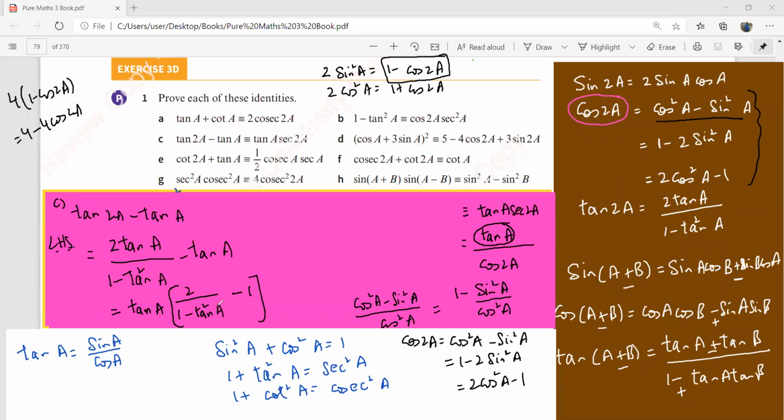Since this 1 minus tan square is down in the denominator, when I write it here, this becomes tan A into, this will go in the numerator, 2 cos square A over this cos square A minus sin square A minus 1. Yes, children?